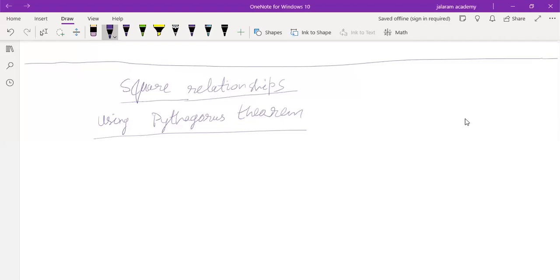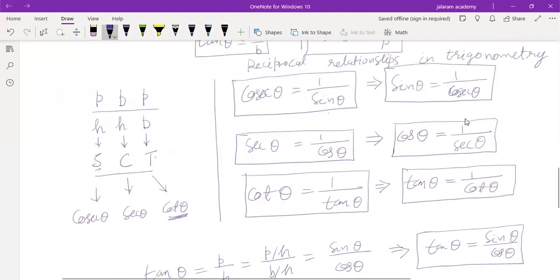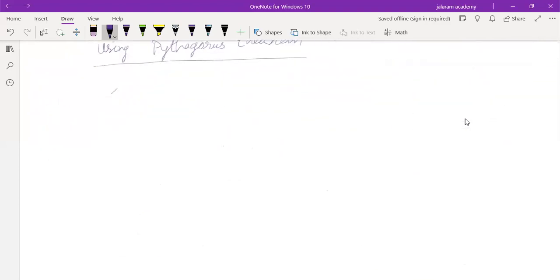We know that according to Pythagoras theorem, for a right angle triangle, the square of the longest side, that is hypotenuse, equals the sum of squares of the other two sides, that is the sum of the square of perpendicular and the square of base. That is, h square equals p square plus b square.